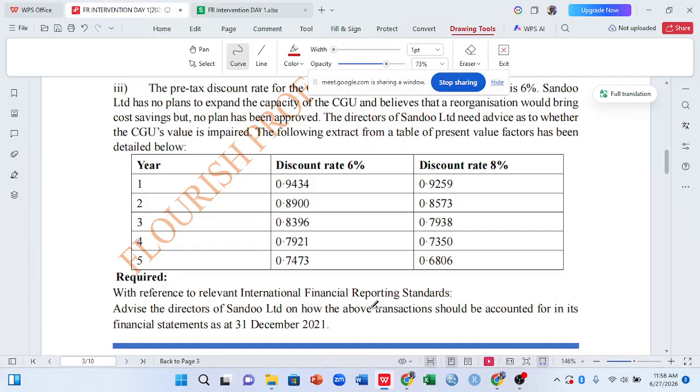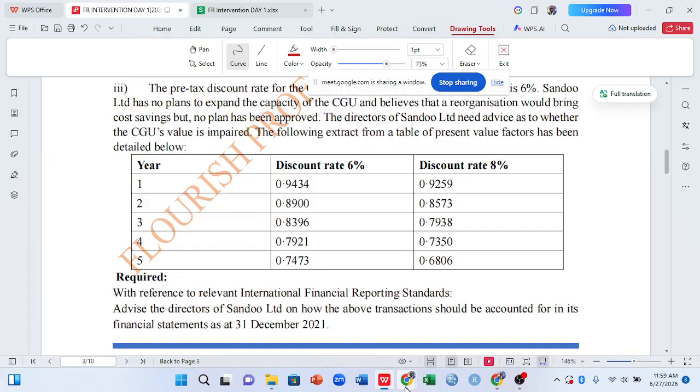The directors of Sando Limited need advice as to whether the cash generating unit's value is impaired. The following extract from a table of present value factors has been detailed below. Required. With reference to relevant international financial reporting standards, advise the directors of Sando Limited on how the above transactions should be accounted for in its financial statement as at 31st December 2021.